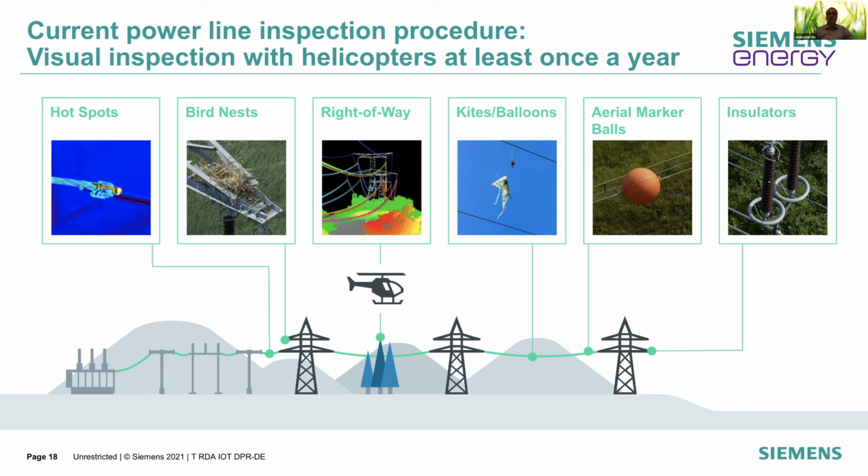They are looking if vegetation has penetrated the lines somewhere, if there are other foreign objects like balloons hanging on the lines, and they were also inspecting the consistency and status of important parameters like aerial markers or ball markers, spacers, the insulators and things like that.